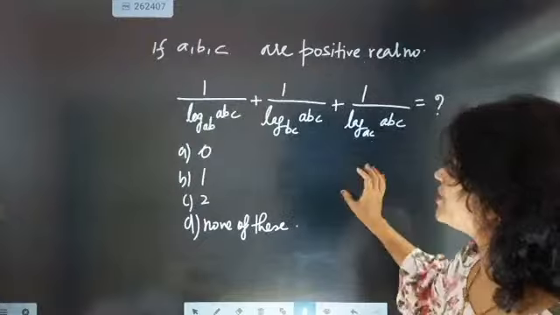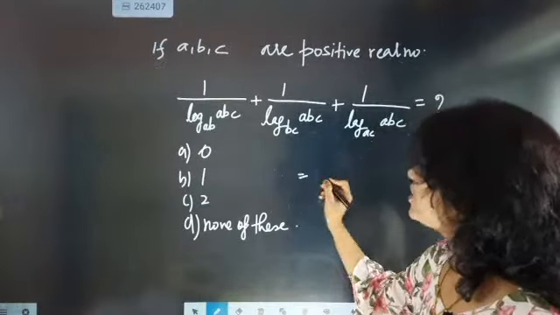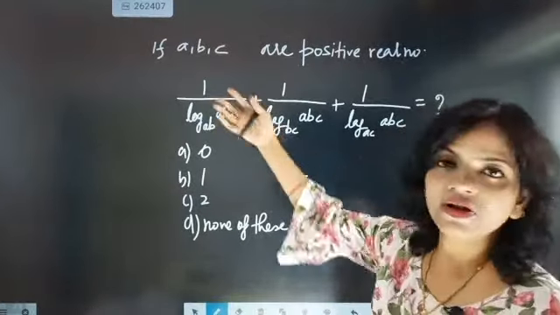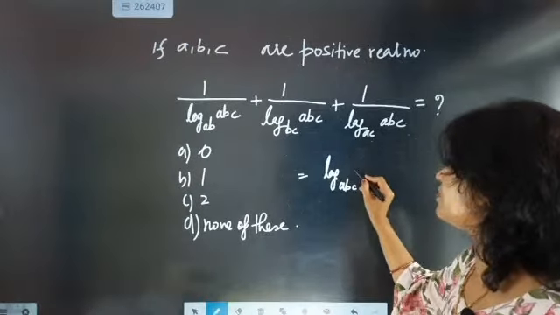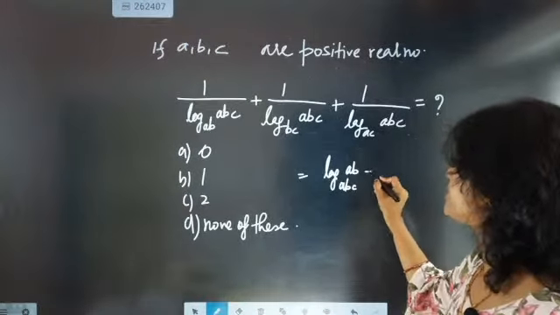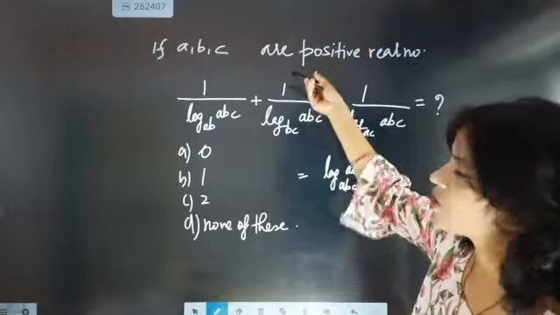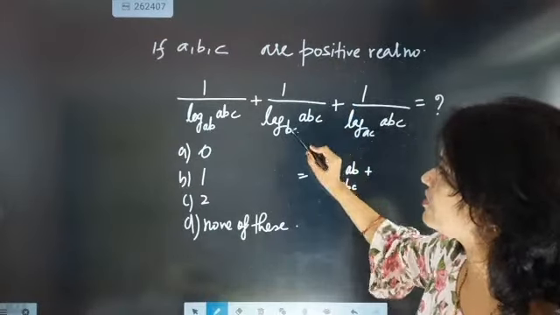Accordingly, we'll start acting. First, we take this one, it gets reciprocal, which means it becomes log base AB with ABC coming as the argument. Then again the next one, whatever is here comes in the base.